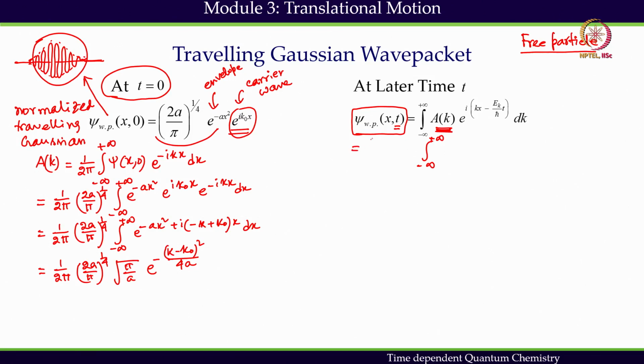All these constants are going to be 1 by 2 pi, then 2a by pi, then square root of pi by a, and then I have this integrand e to the power minus (k minus k0) square divided by 4a multiplied by e to the power.